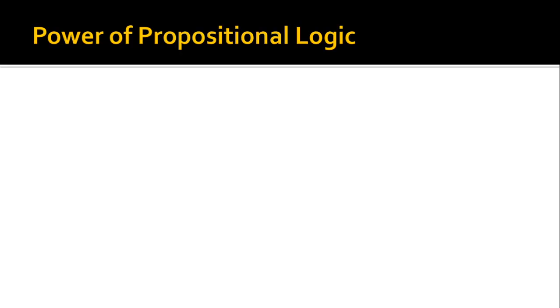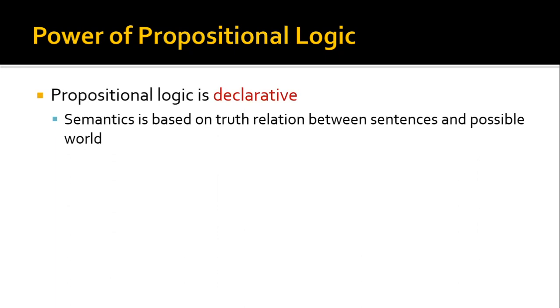To start with, let us look at the power of the propositional logic that we discussed in the last class. First of all, propositional logic is declarative in nature. We can declare the truth value of sentences, and as the individual sentences are conjoined with operators, we can create new and complex sentences out of smaller sentences.